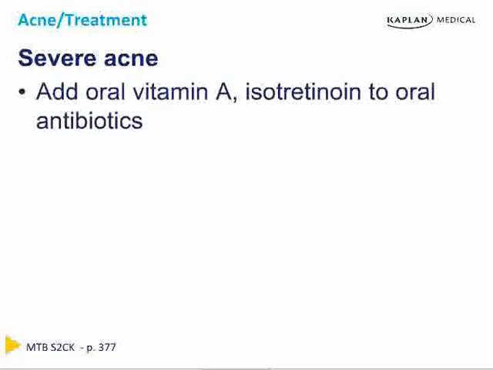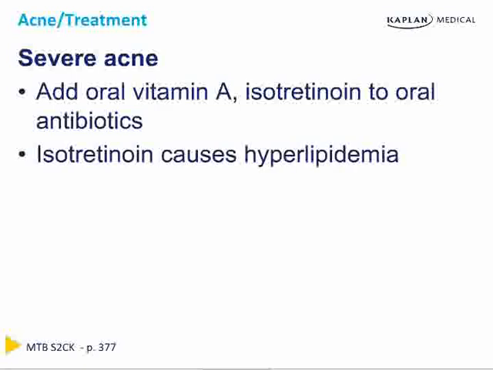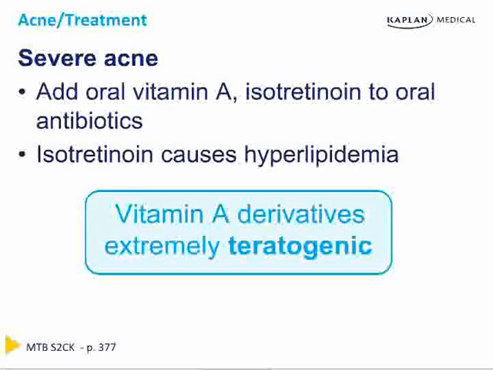Then oral vitamin A. Only then do we go to isotretinoin because it causes hyperlipidemia, it causes teratogenicity. Can be very problematic. But you go in order. Benzoyl peroxide first, topical antibiotics, topical vitamin A, oral antibiotics, and finally oral vitamin A. Wow, ding! You just became a dermatologist for the first 5 visits.